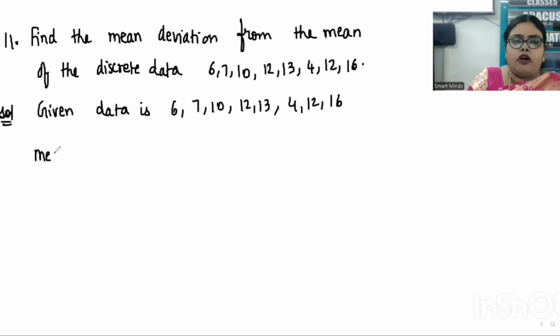First let us find out mean. You can say simply mean or arithmetic mean. It is denoted by x bar. What is the formula for ungrouped data? Sum of the observations by total number of observations.